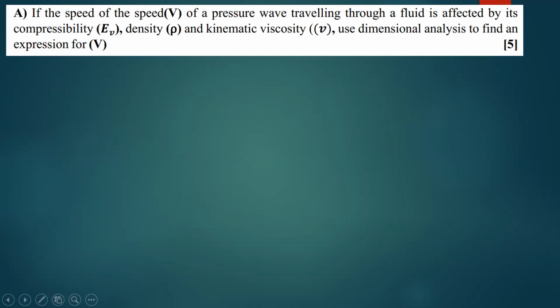The question is, if the speed of a pressure wave traveling through a fluid is affected by its compressibility, density, and kinematic viscosity, use dimensional analysis to find an expression for V. So in other words, what they're trying to ask us here is to find the formula for the speed of a pressure wave traveling through a fluid.